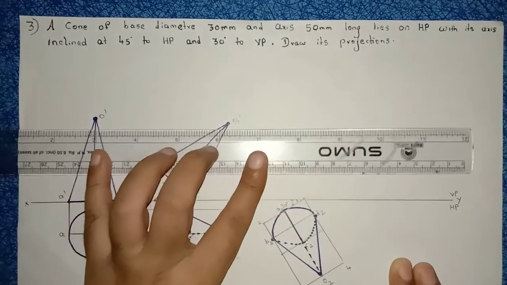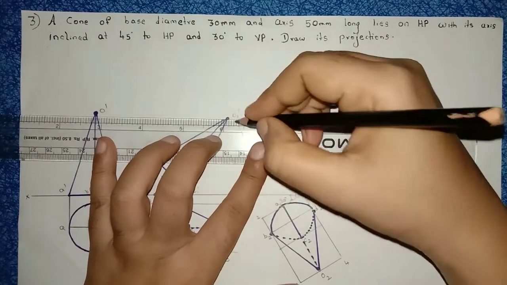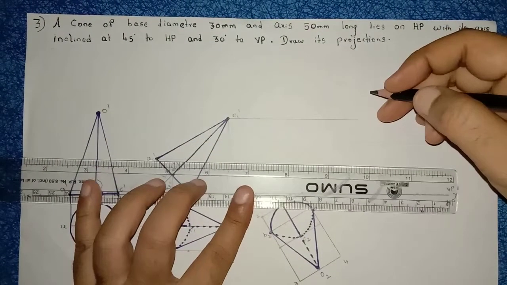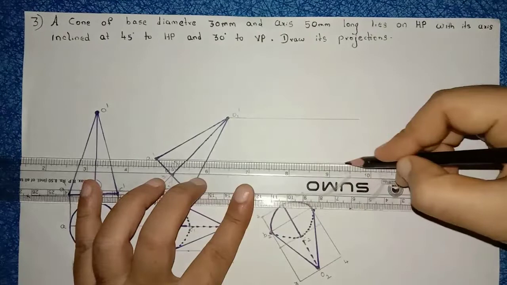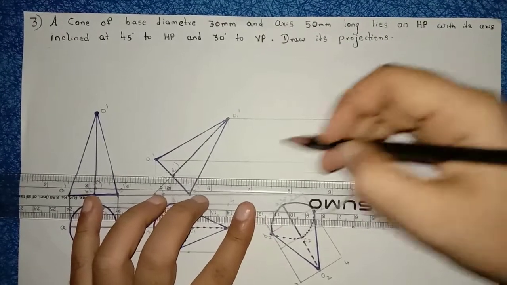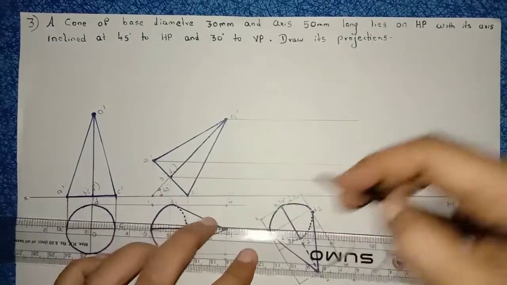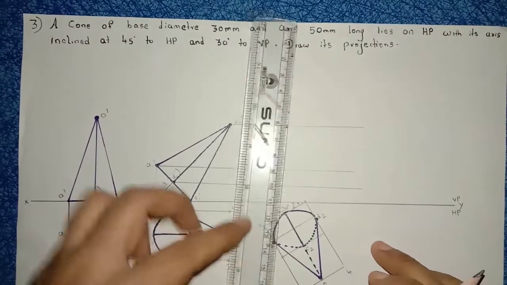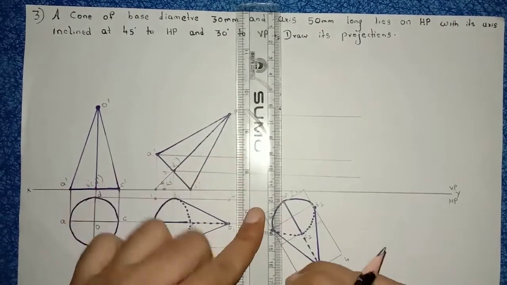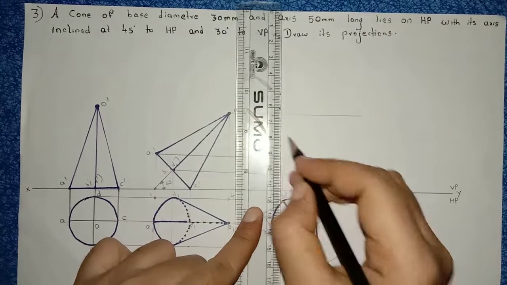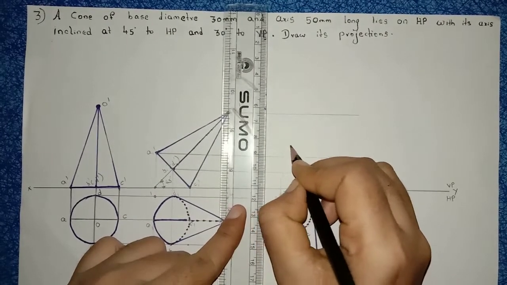In order to construct step 6, from every corner of this cone project the line from O, from A, from B, and where this point is C. Now same process from A to A point. Mark the point and name it as A2 dash.